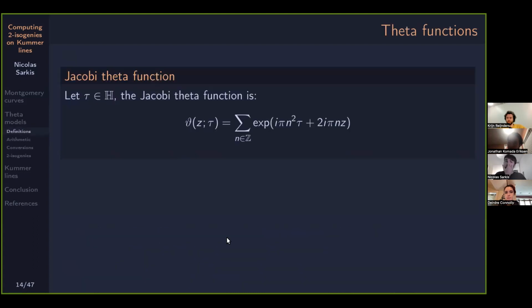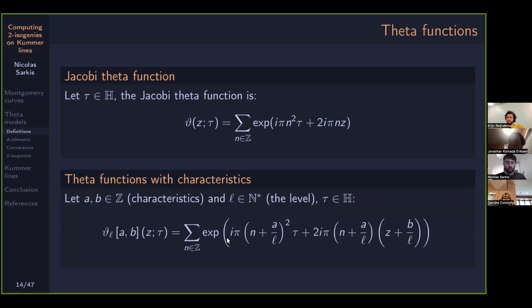So now I have to introduce a lot of notations. So first, what is the theta function? You start with a Jacobi theta function. It is this formula. And from that, you can have many more formulas, which are the theta functions with characteristic.